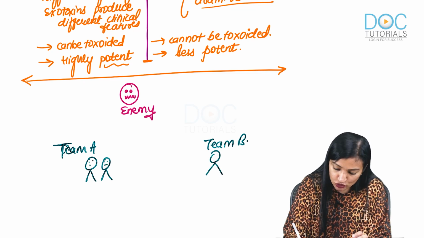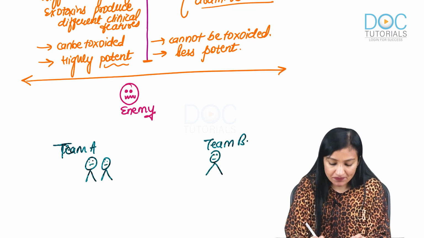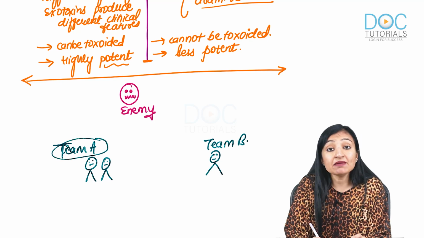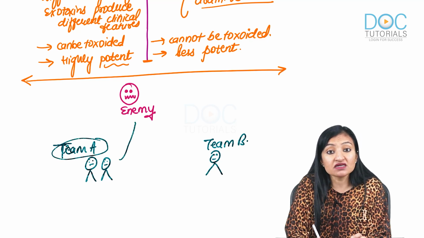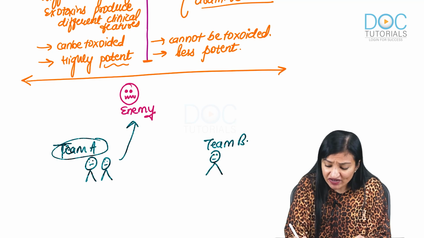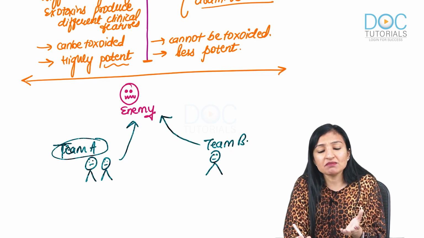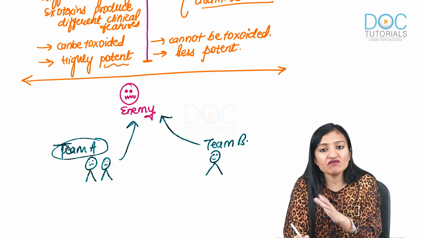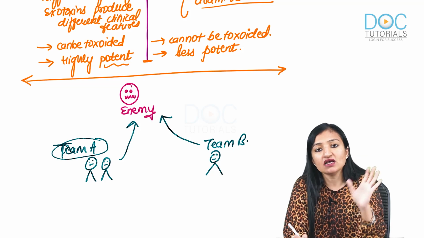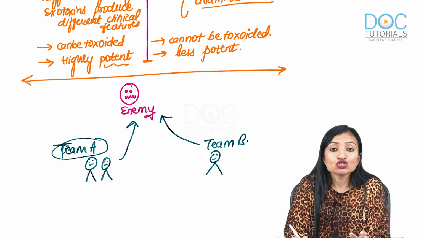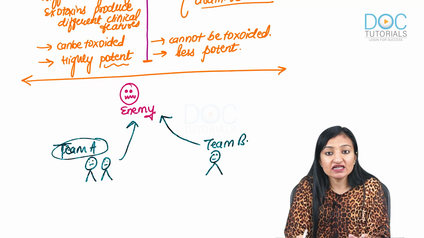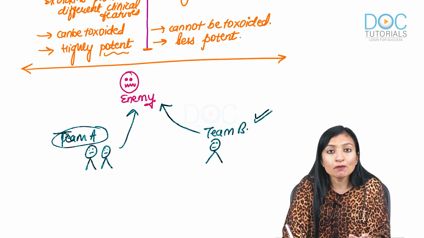Both of them wish to attack this enemy. Team A needs 2 of its team members to attack or kill the enemy, whereas in team B 1 member is enough to eliminate this one enemy. So, which team is more potent? It is team B which is more potent.